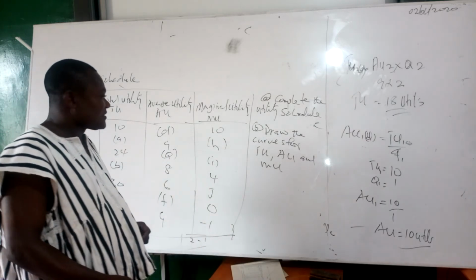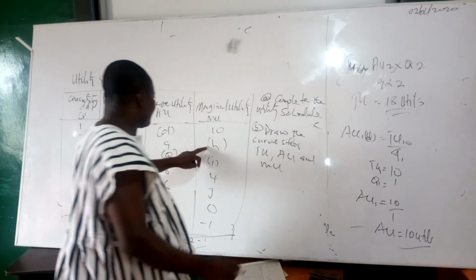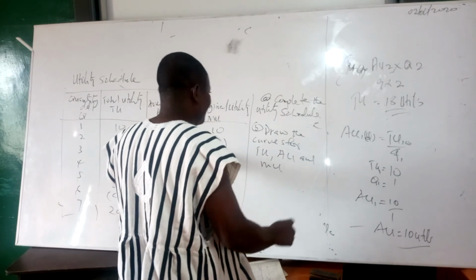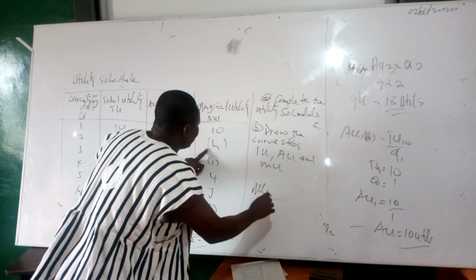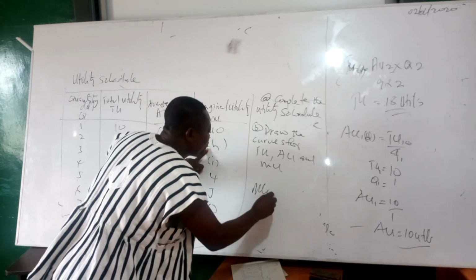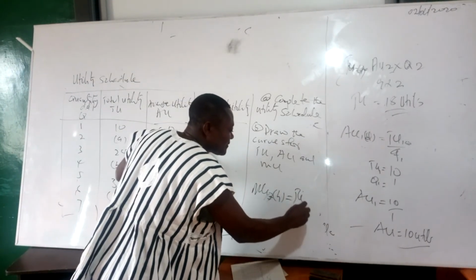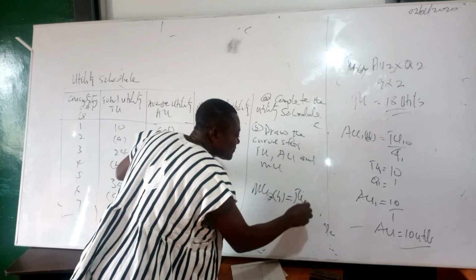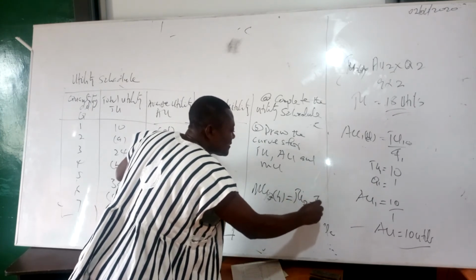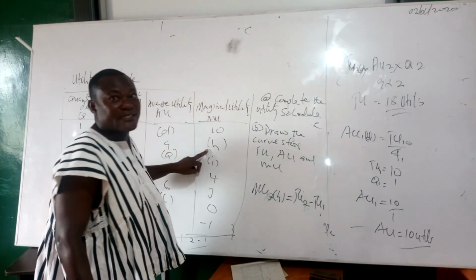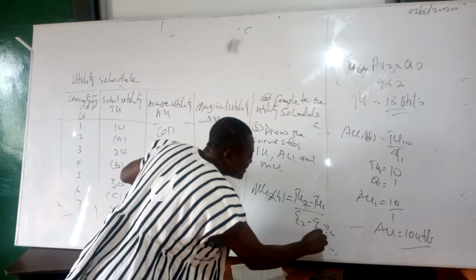Then we have H. H is marginal utility 2. Of course, it's equal to the current total utility, which is TU2, minus the previous total utility, which is TU1, all over Q2 minus Q1.